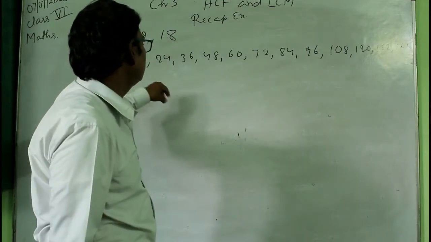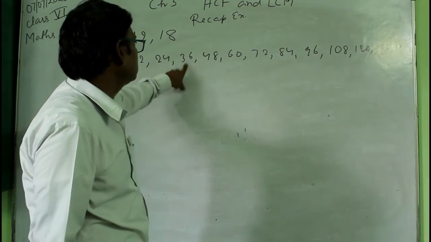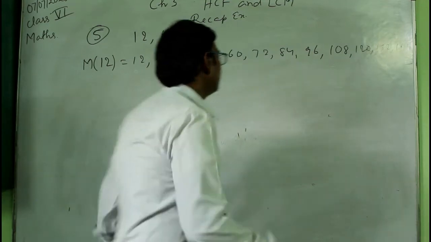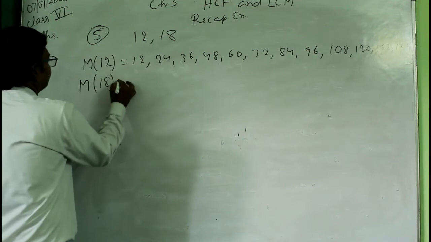You will read the table of 12 here: 12, 24, 36, and so on. So here I have written up to 12 twelves, 144. And then the multiples of 18.